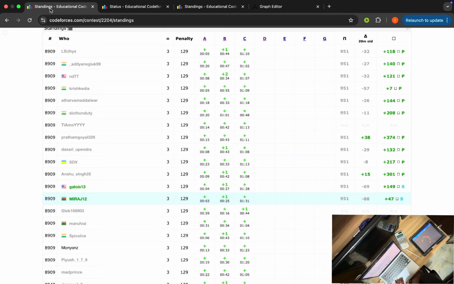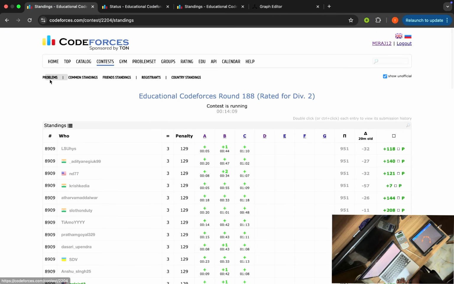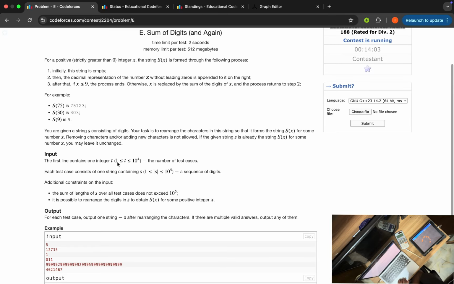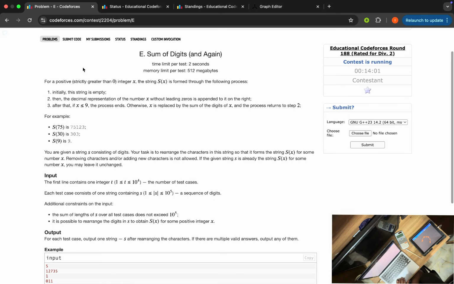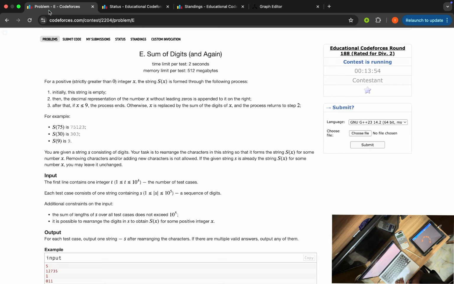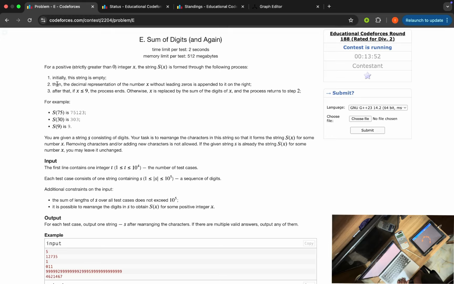So let's see the next problem. Problem E. For a positive 40 minutes, I don't think I can solve it in 40 minutes. Okay, it gave some errors, so let's try this one. For a positive, strictly greater than 0 integer x, the string as x is formed through the following process.